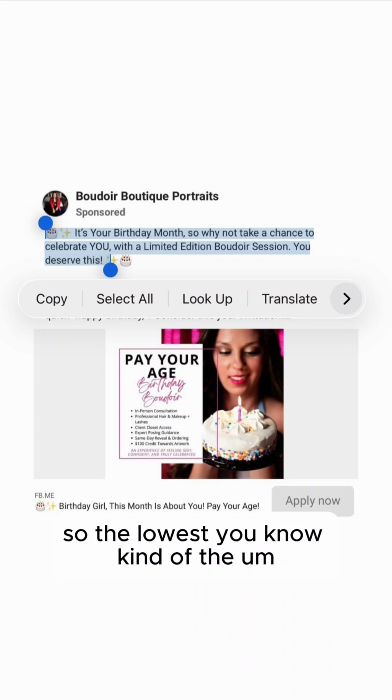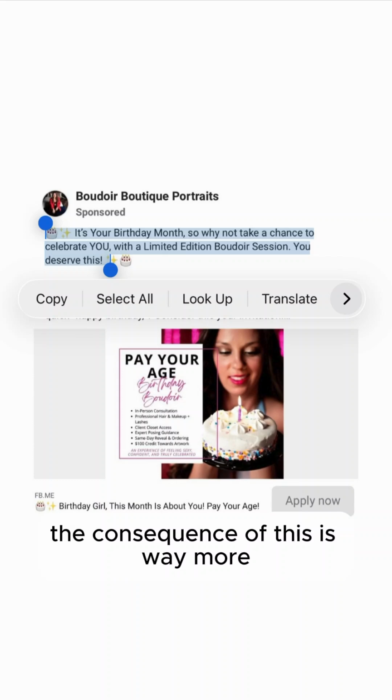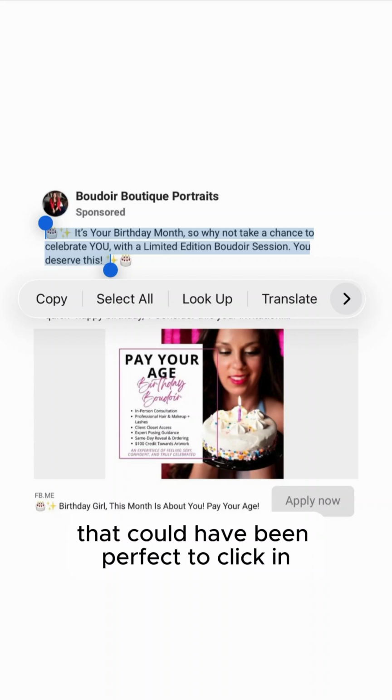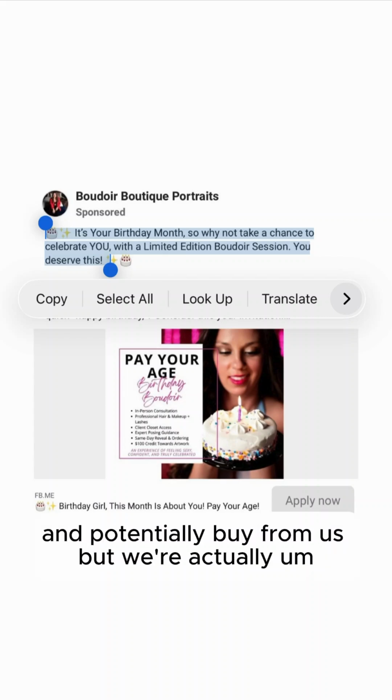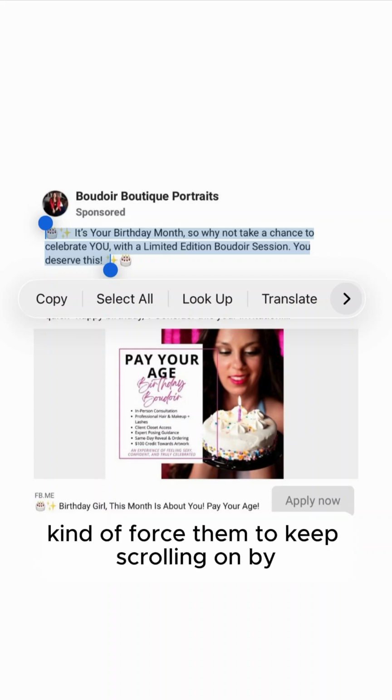The consequence of this is way more women are going to scroll by our Boudoir Facebook ad than necessary, women who could have been perfect to click in and potentially buy from us, but the way we set it up kind of forces them to keep scrolling on by.